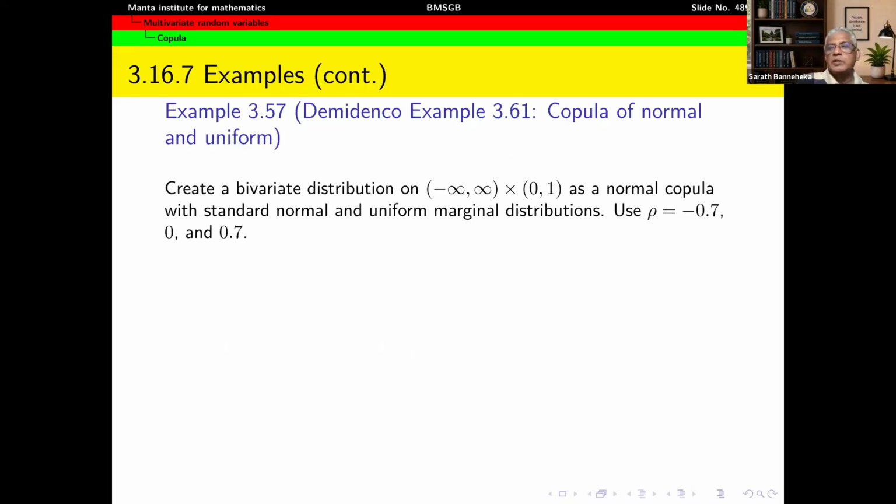So now we will look at a particular example where we want to generate observations x, y, where for x we need to have a standard normal distribution, and for y we want a standard uniform distribution.